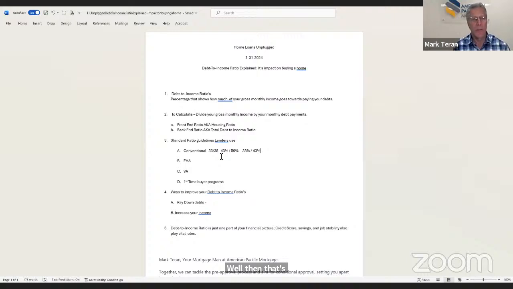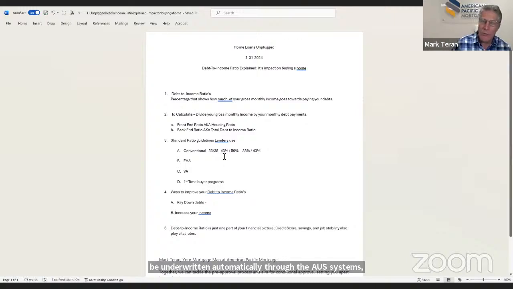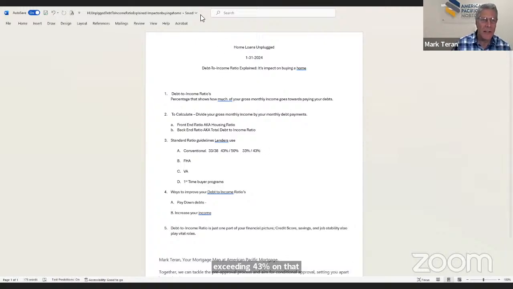So just to give you a little bit of insight, if for some reason your loan file is not acceptable to be underwritten automatically through the AUS systems, Fannie Mae, Freddie Mac, then the underwriting ratio guidelines tend to be more strict. And you're looking closer to that 33, 38, not exceeding 43% on that total debt to income ratio. A lot of times that's the case.